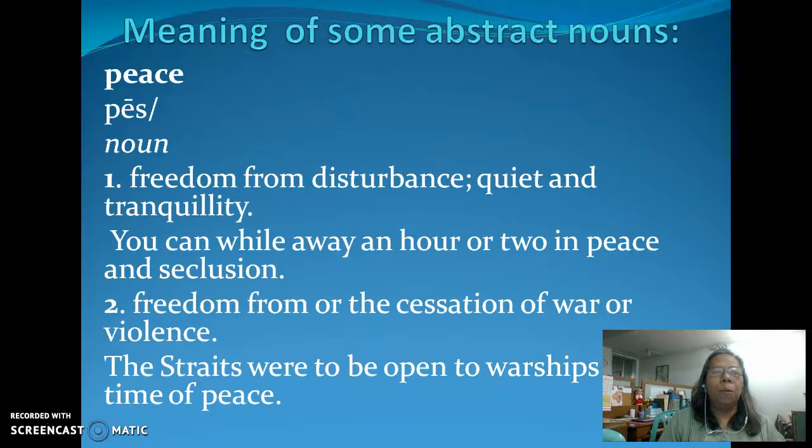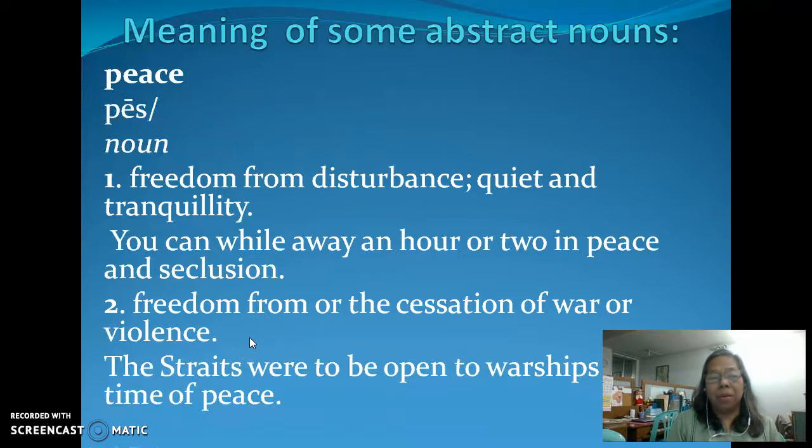Okay? So, let's define the noun peace. It says here that peace is freedom from disturbance, quiet, and tranquility, or freedom from or the cessation of war or violence. Okay?